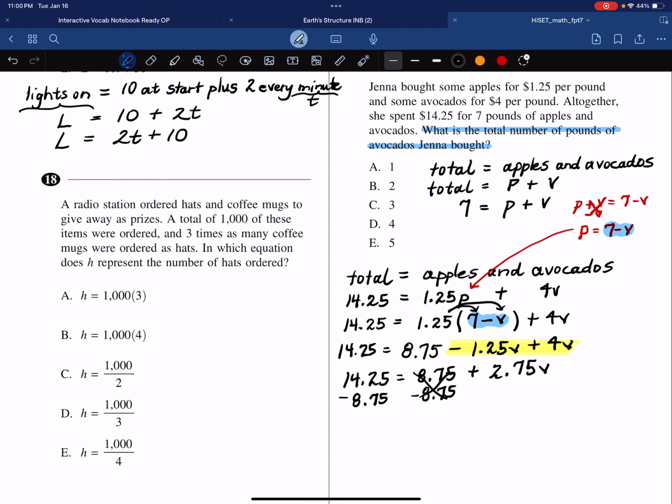And that's 5.5 on the constant side. Don't lose your equal sign in there. Then 2.75 V, and you're going to divide by 2.75.